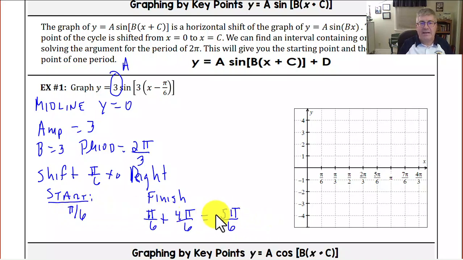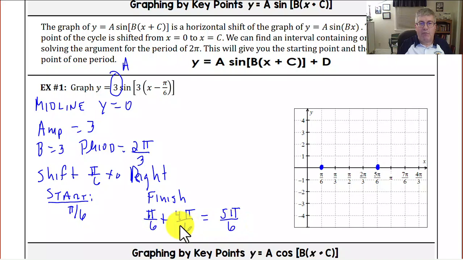We're going to divide this into our quarters. So we'll want to know what halfway is, and then what the first quarter is, and the third quarter, and then the finish. So let's think about our sine curve. We start at pi over 6, and the sine has a value of 0. And we're going to finish at 5 pi over 6, and we're going to end up back at 0.